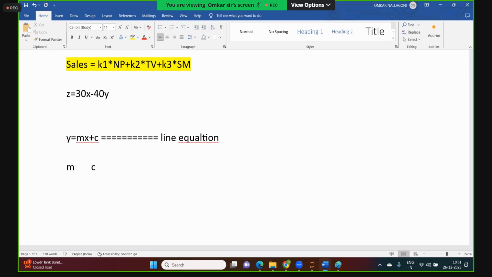M is equal to the slope. C is the intercept, nothing but a constant. What is the importance of this?